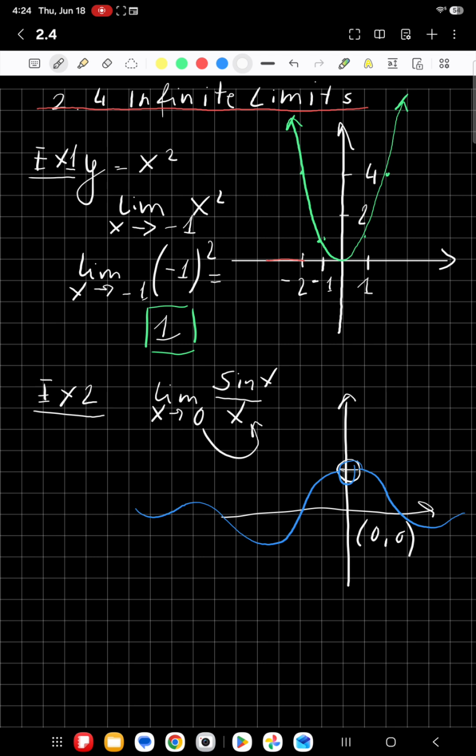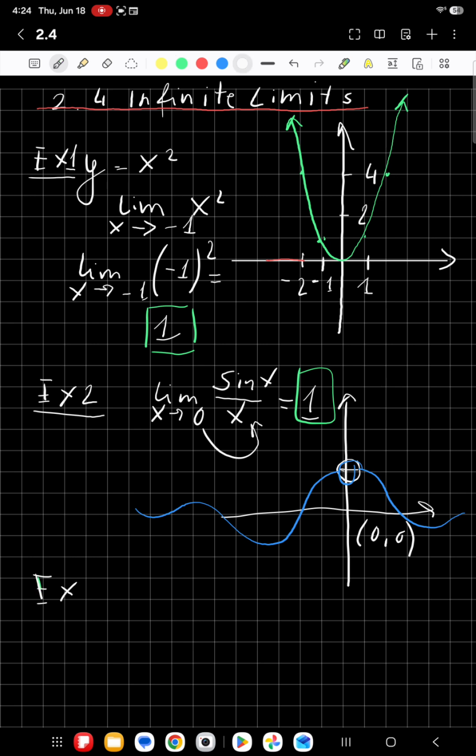If I do that, I'm simply getting 1. So that limit is 1. Okay, so there are two cases where the limit existed.